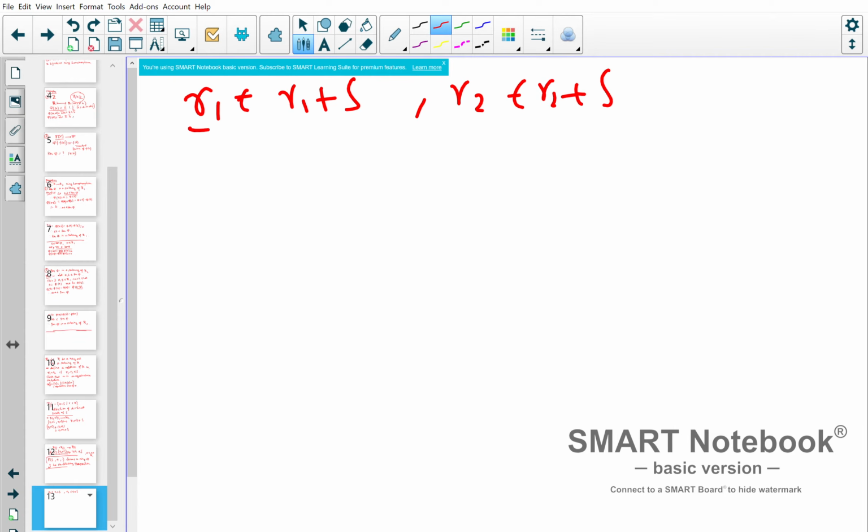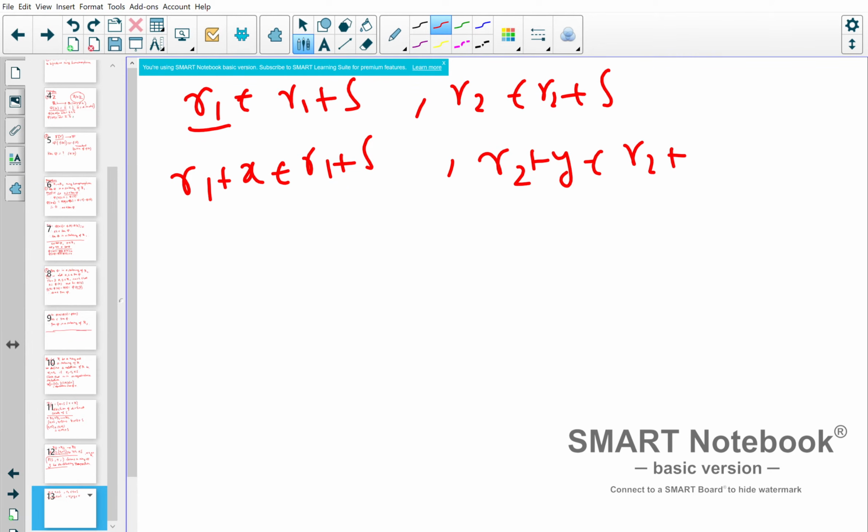But instead of choosing R1, if you choose another element, for example R1 plus X, that is also inside the same class, and instead of R2, you choose R2 plus Y, then can these two things be equal?